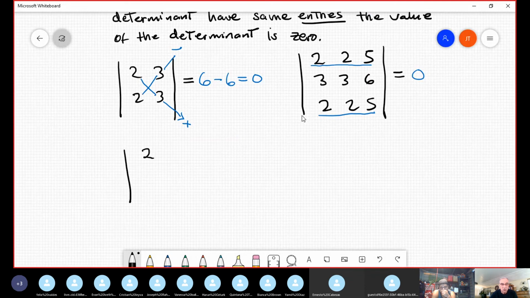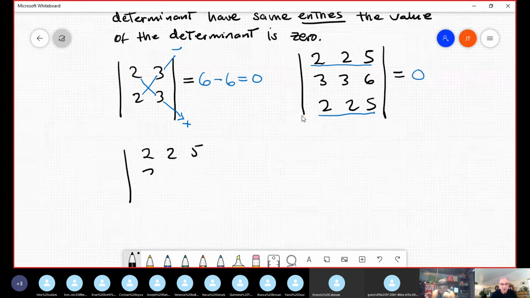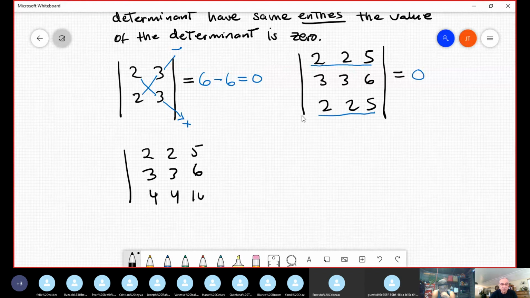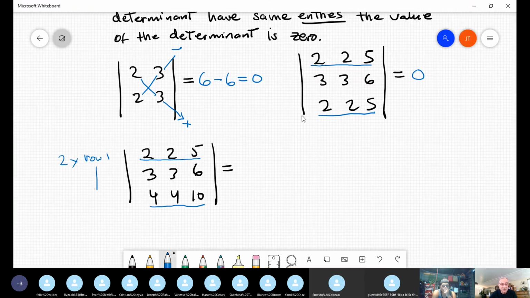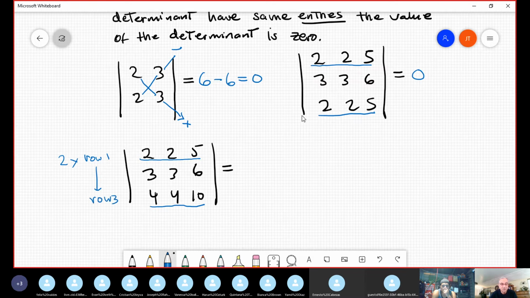Suppose one example like that. Look, 2, 2, 5. 3, 3, 6. 4, 4, 10. I can discover, wow, the row 1 and the row 3 are not the same, but they are proportional because you multiply element by element the row 1 by 2, we get exactly row 3.